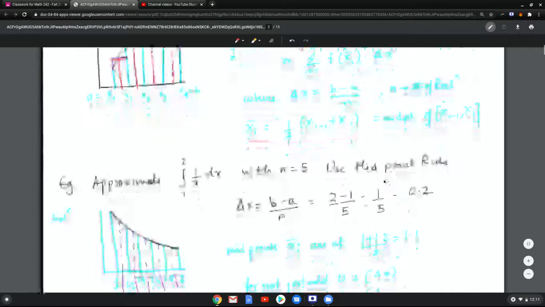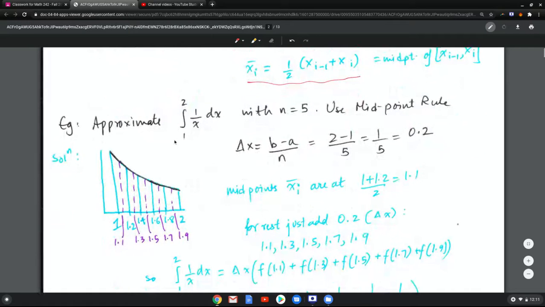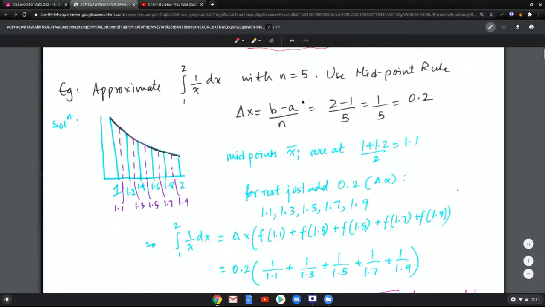Let's look at an example. Let's approximate the integral of 1 over x from 1 to 2 with n equals 5. First we find delta x, that's b minus a over n, 2 minus 1 over 5, which is 0.2. Starting at 1, that would put me at 1, 1.2, 1.4, 1.6, 1.8, and 2. Now the midpoint for the first one is 1.1, and then I can just add 0.2, which is delta x, to get the subsequent points, which are going to be 1.1, 1.3, 1.5, 1.7, and 1.9.